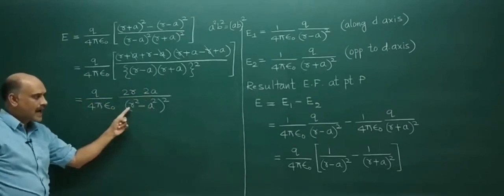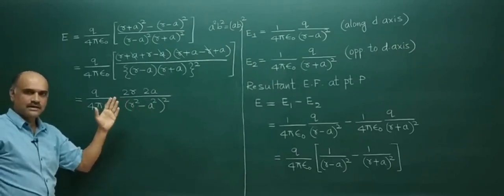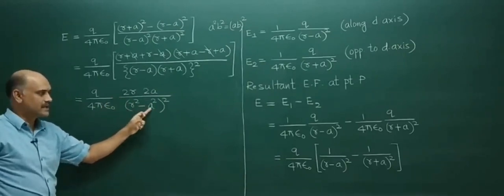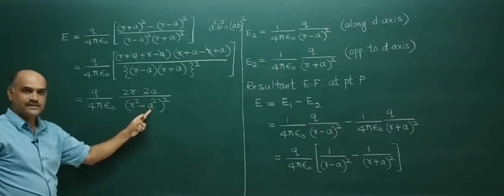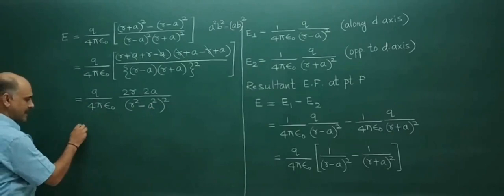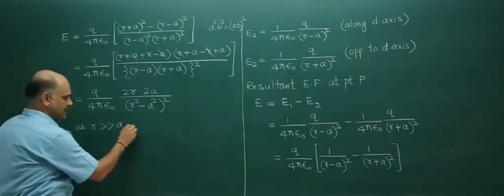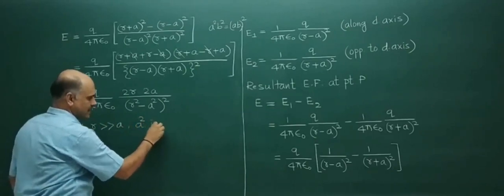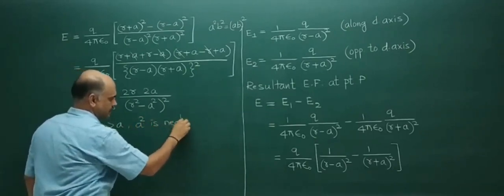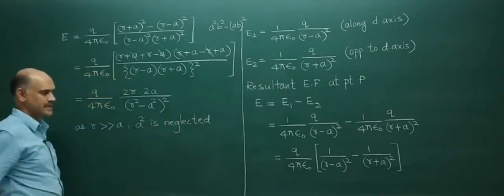Now combine this Q with 2A. R is very much greater than A, therefore A square is neglected.